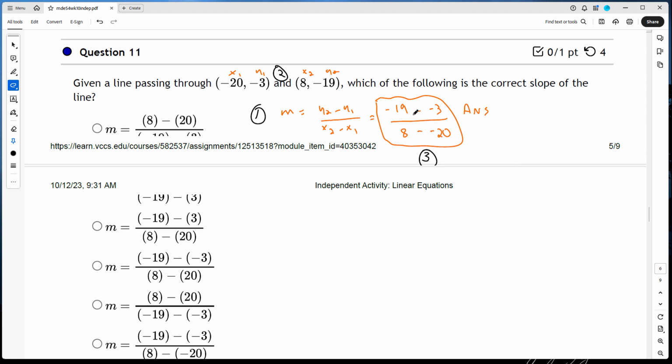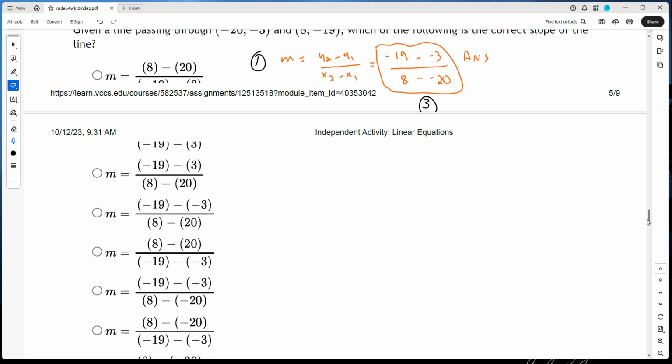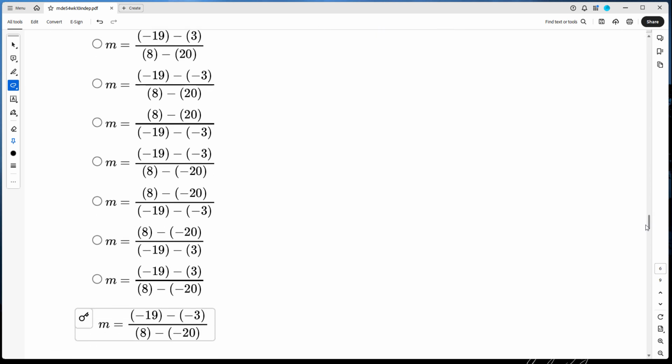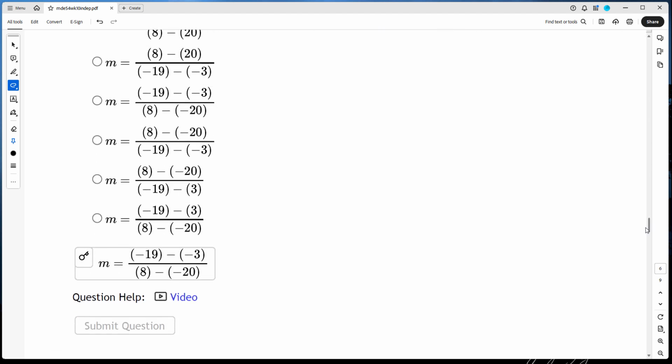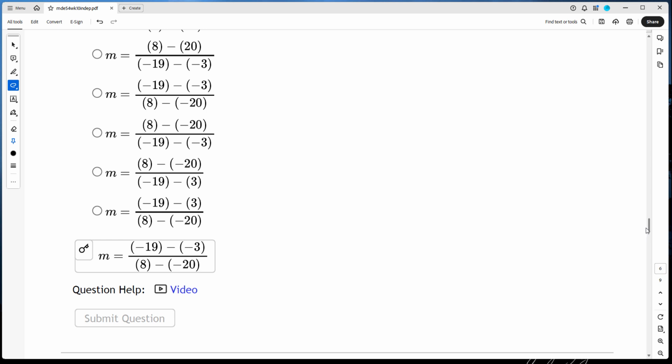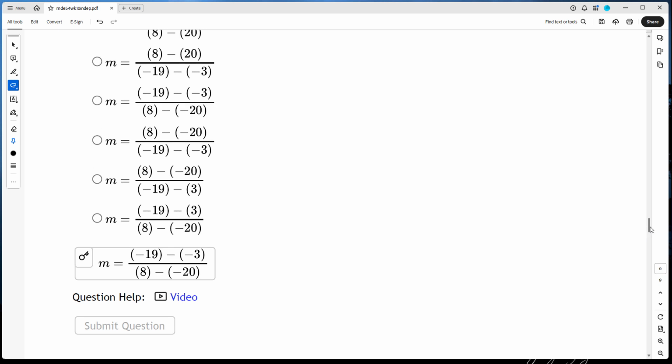And this is what they're looking for here. And which one is a match? And there's our match there.